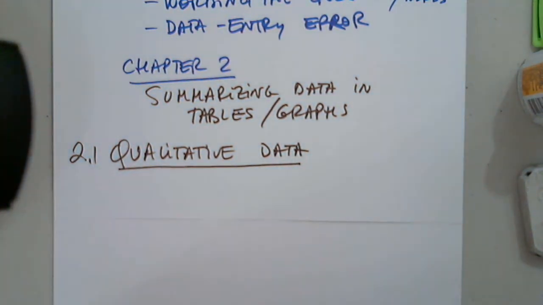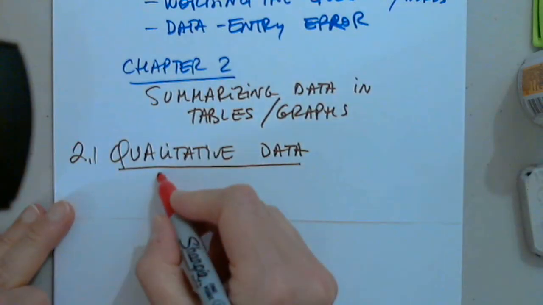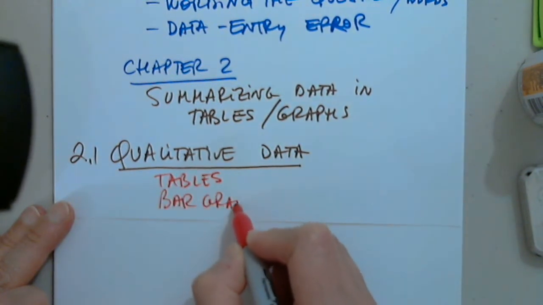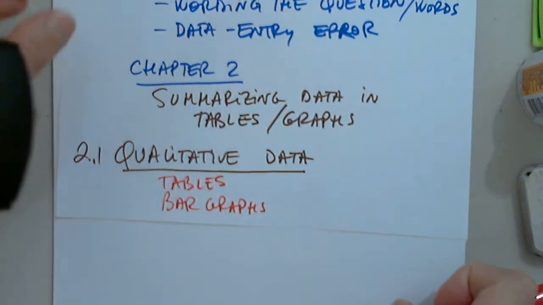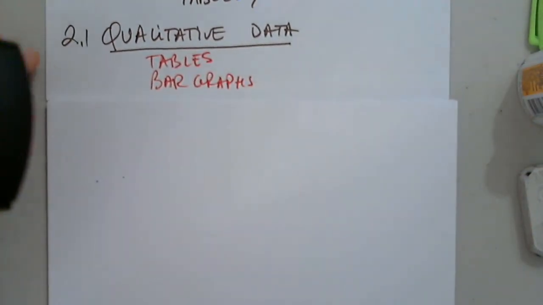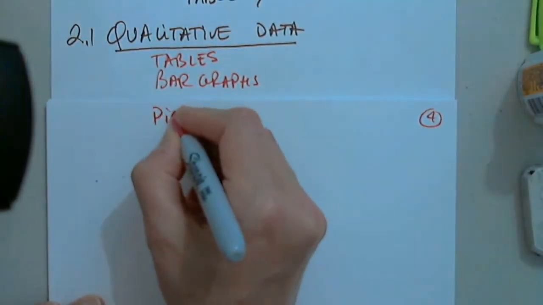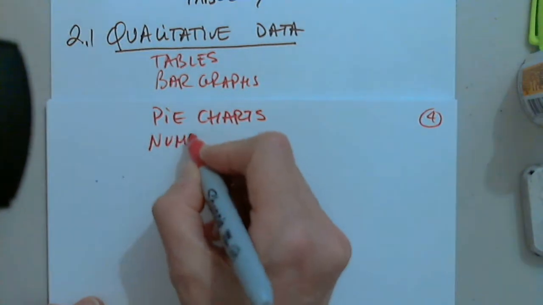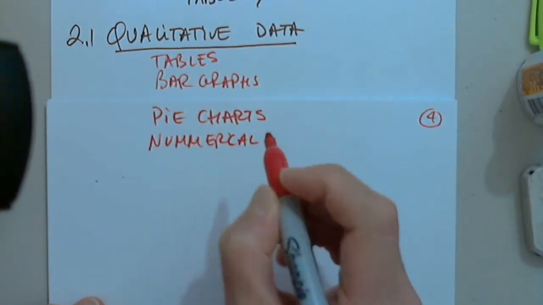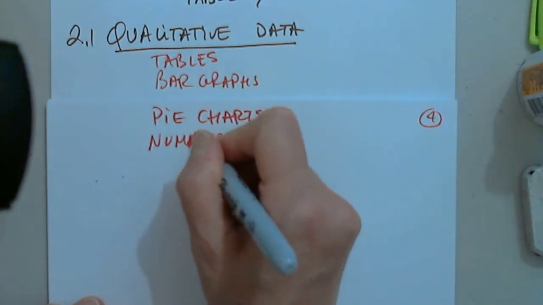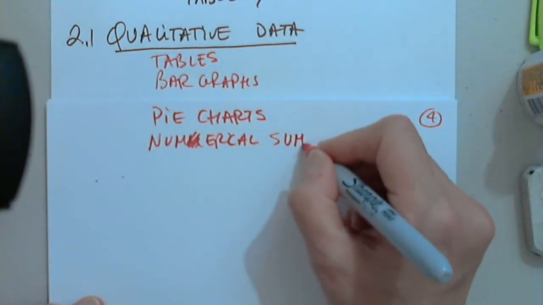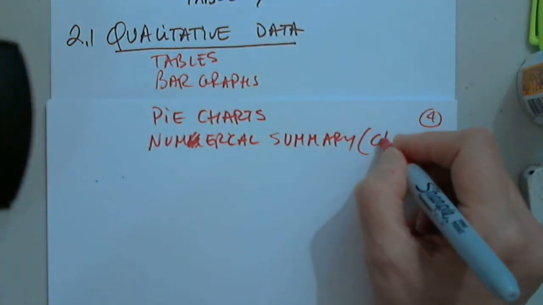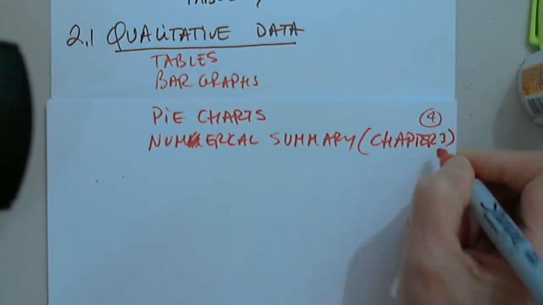We're going to look at tables, bar graphs, pie charts, and numerical summary. I don't know why I wrote that, I was thinking of summary. So numerical summary will be in chapter 3.